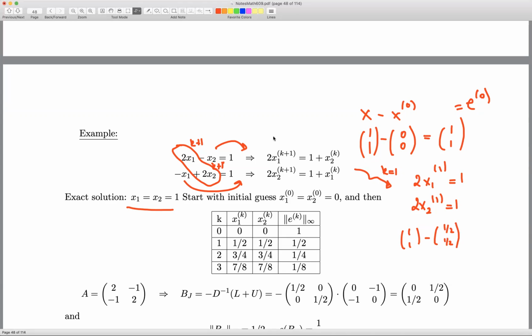Now, when we apply this iteration for k equal to 2, we can compute the right side exactly.